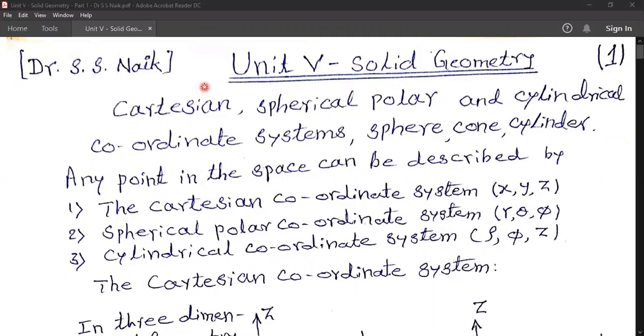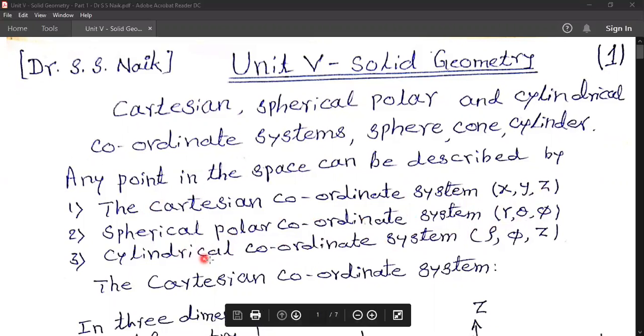Any point in space can be described by the Cartesian coordinate system x, y, z, the spherical polar coordinate system r, theta, phi, and the cylindrical coordinate system rho, phi, and z.